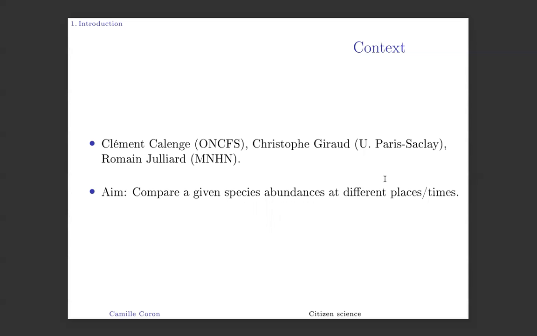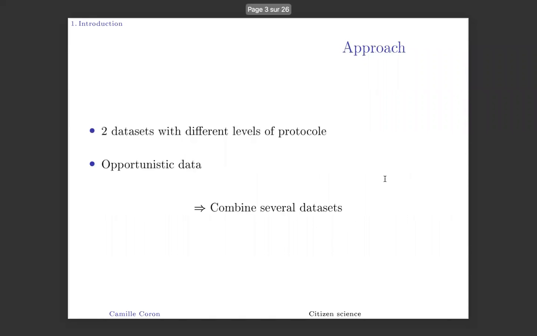And in the end, I will show you some more recent developments that I did with other colleagues on a different subject, but whose mathematical problem is related. So the general context of our problem is the following. We have two data sets that come from different protocols.